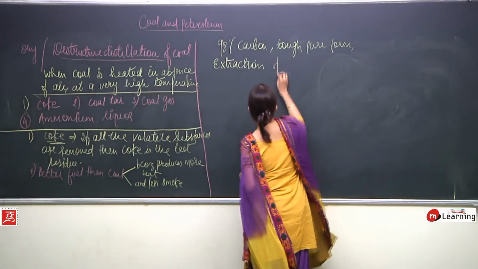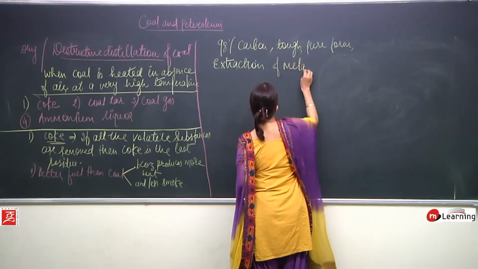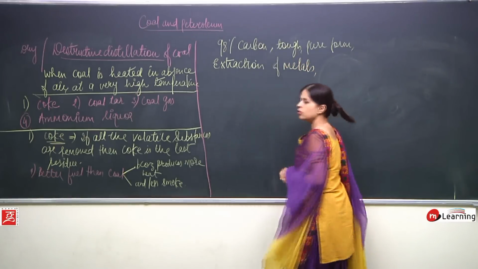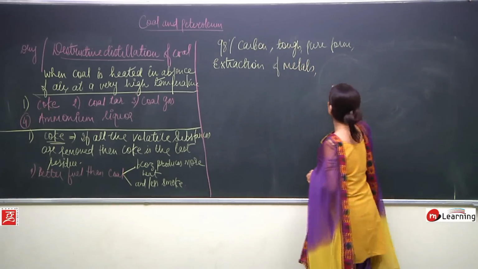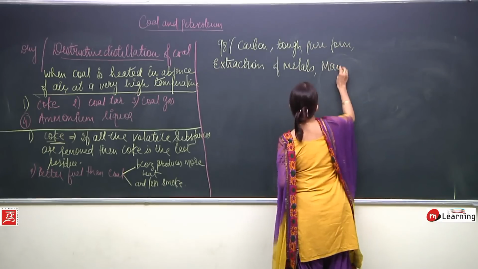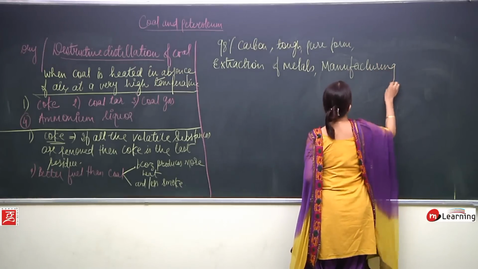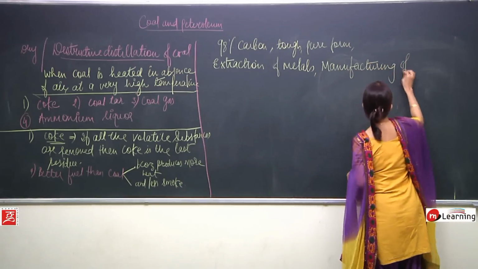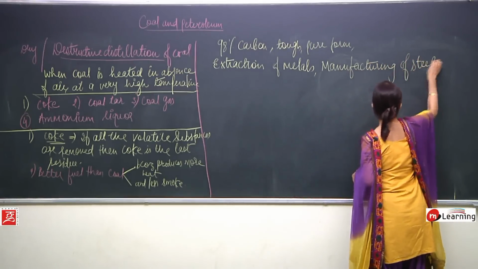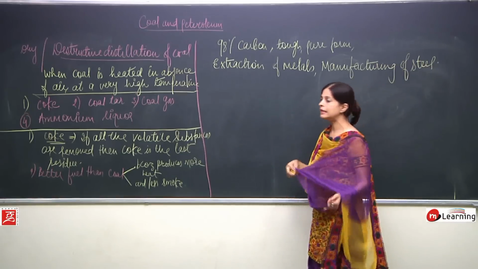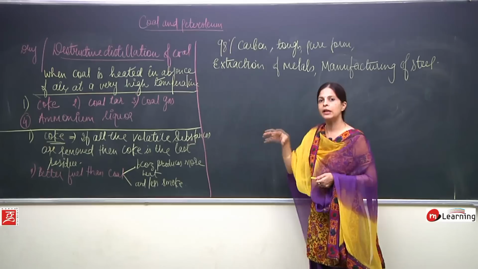Extraction of metals, and it is also used in the manufacturing of steel. Okay, so these are the qualities which coke has.